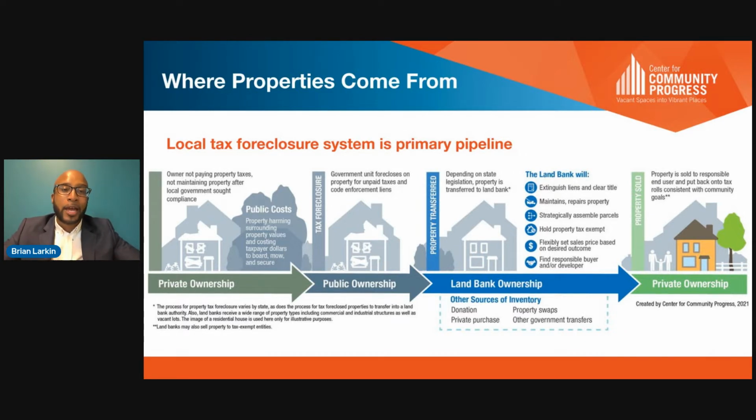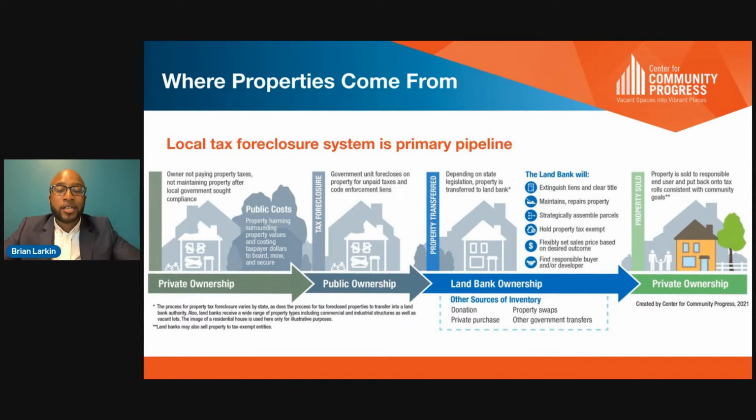If you think about that cycle that I showed at the front end, it is to quickly pull these tax foreclosed properties that people have abandoned out of that system, figure out where they could go, and figure out ways to make these properties more accessible for a productive use.